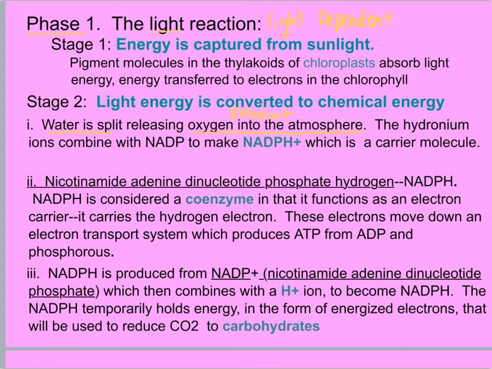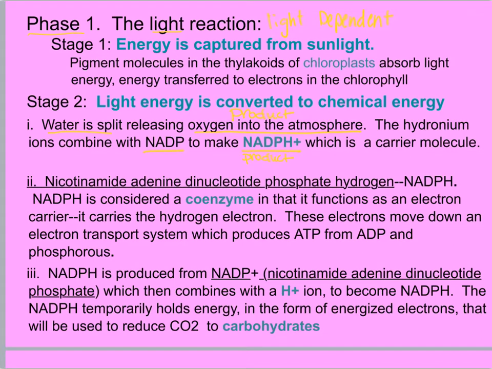Another product that is made is NADPH. Okay, so the hydrogen that was in the water, so the oxygen goes in the atmosphere. The hydrogen that was in the water combines with NADP to make NADPH. So NADPH is also a product of the light reaction.